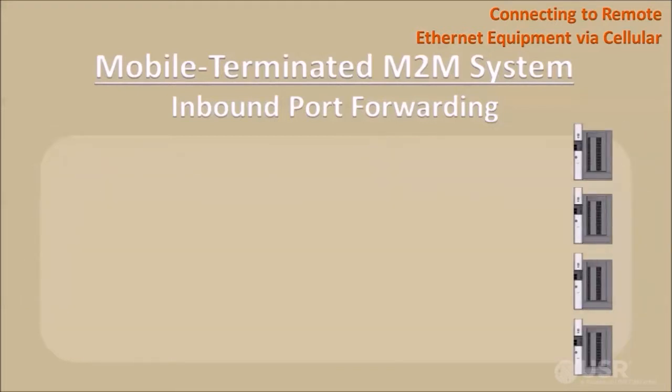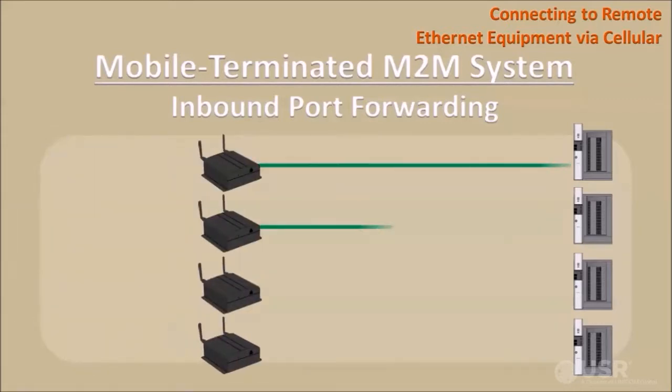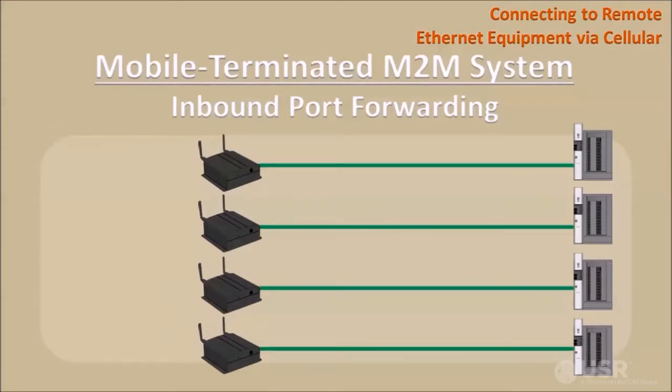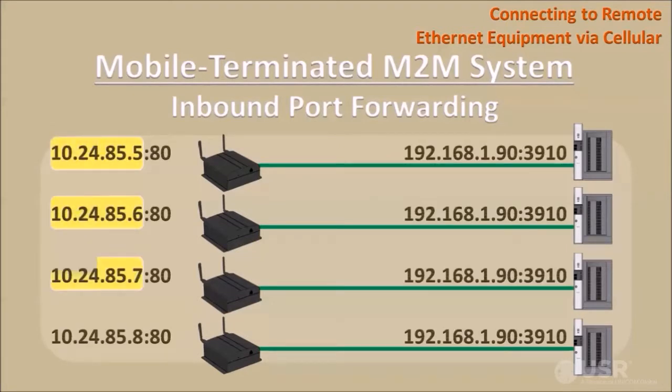There are two approaches to building a system that has two or more target units. One way is for each target unit to have its own cellular gateway. Each gateway is identified with a unique IP address. All target units can be identified by one common destination port number. Here's a tip.